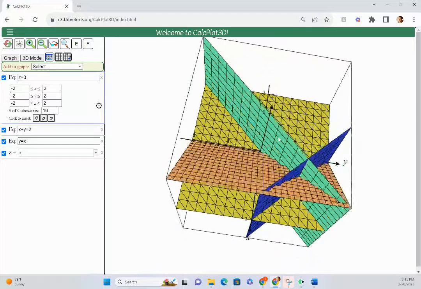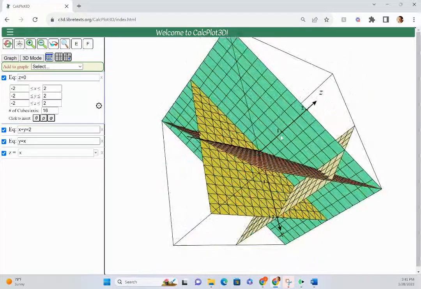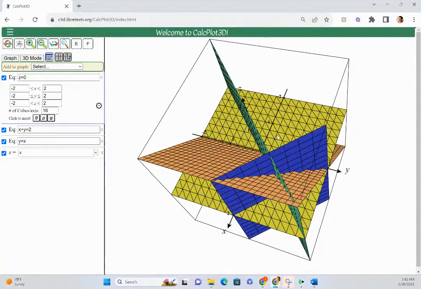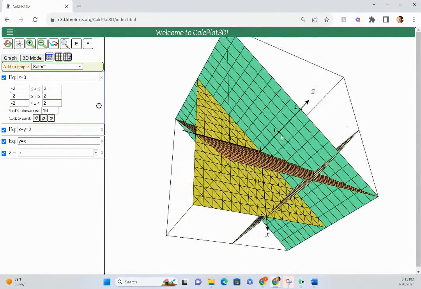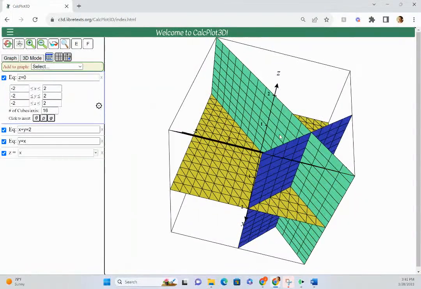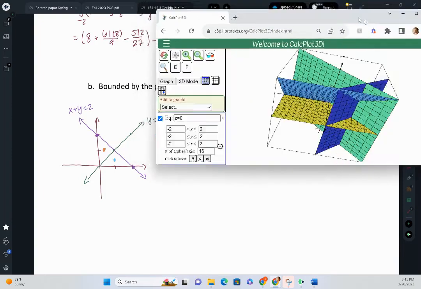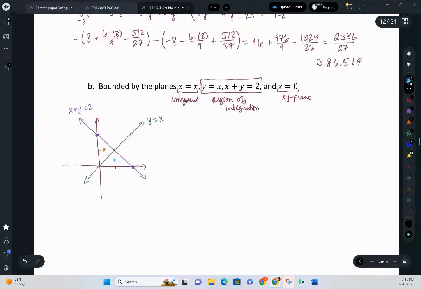Now, our region of integration is the region that is closed off by all the intersections of these planes. Okay, I'm hoping that makes it a little bit clearer and that didn't just mystify anybody.